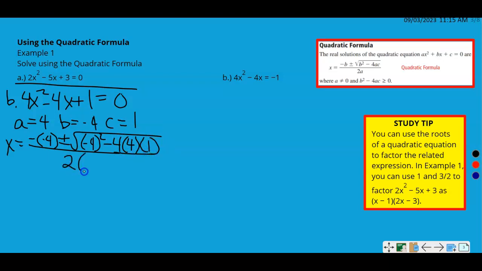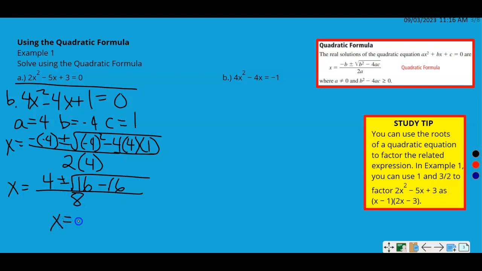And all of that is over 2a. A is 4 this time. All right, then simplify further. Negative negative 4 is plus 4. Plus or minus, again, the negative b gets squared, so negative 4 squared is positive 16. Minus 4 times 4 is negative 16, times 1 is still negative 16. 2 times 4 in the denominator is 8.